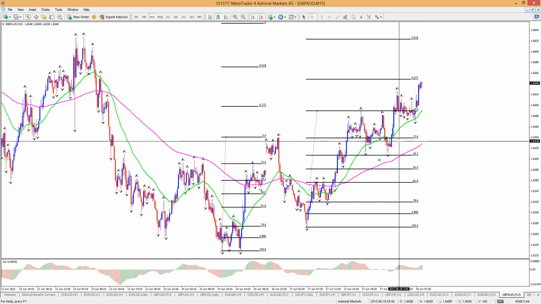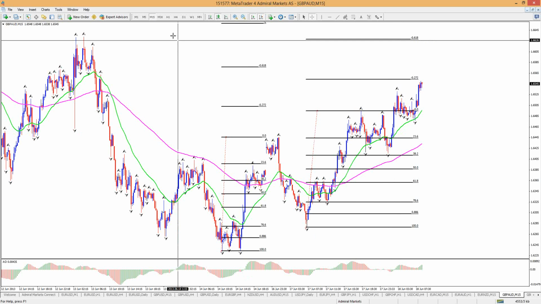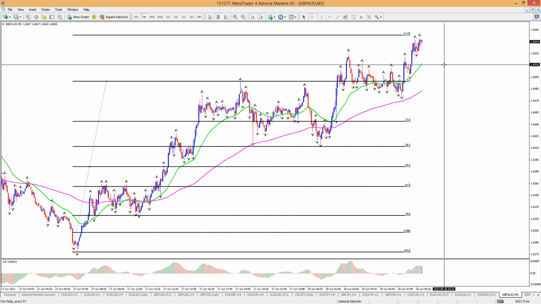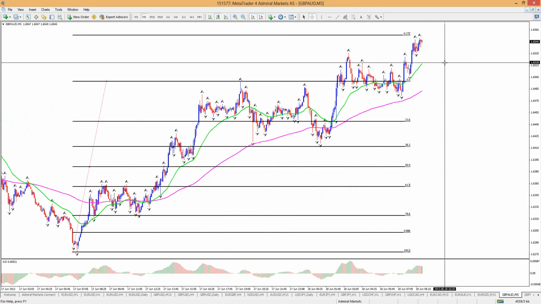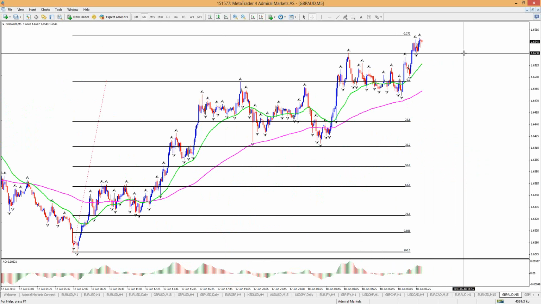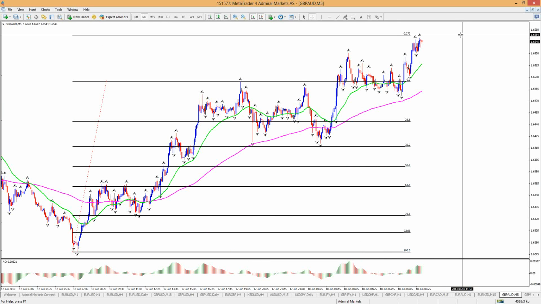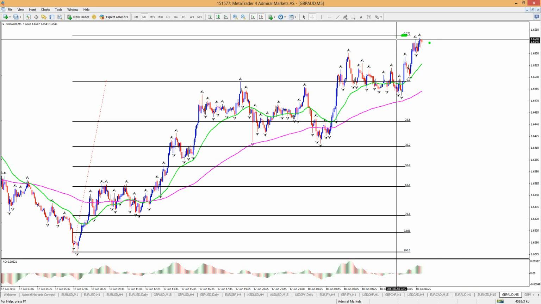And just like the pound odd, we had a break here, kind of a flag, and then continuation as well. Stalled a bit at this target, which is logical.